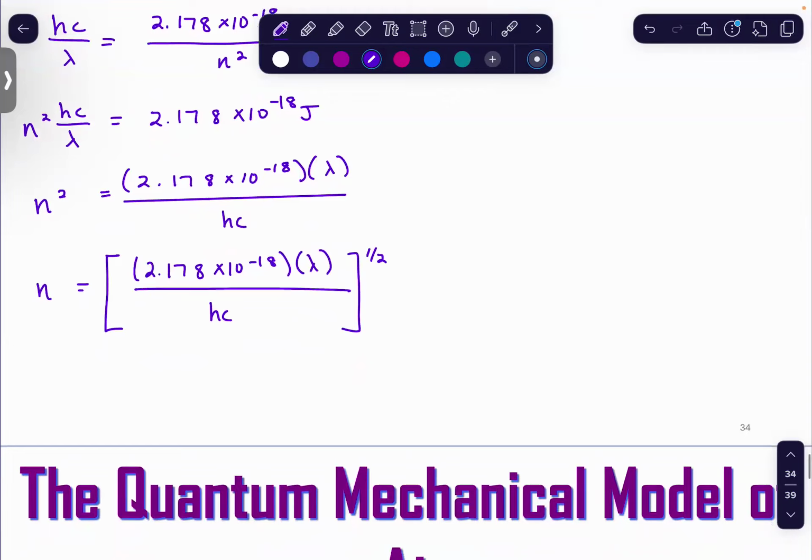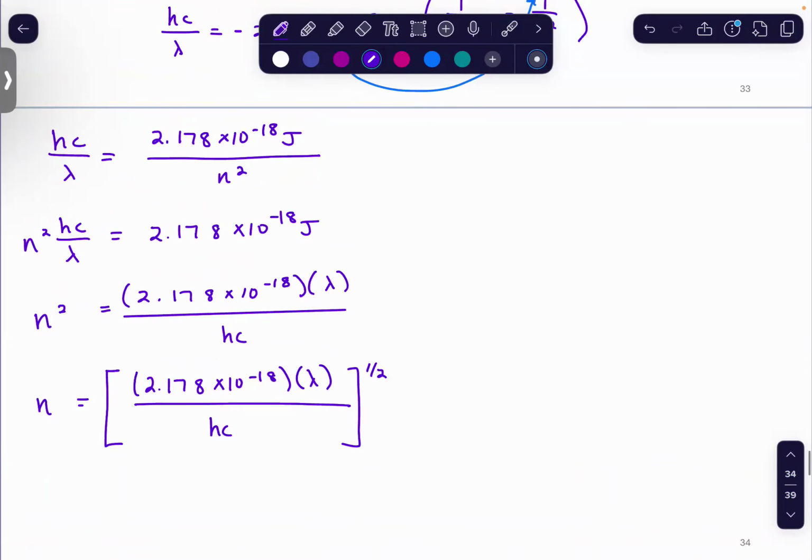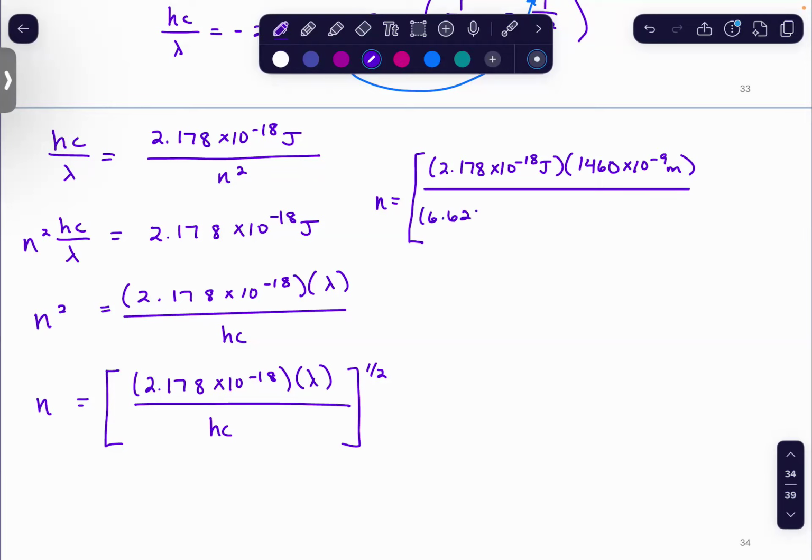So now we plug in numbers. So 2.178 times 10 to the negative 18th joules. Lambda is 1460 times 10 to the negative 9th meters, over h, which is 6.626 times 10 to the negative 34th joule seconds, and the speed of light is 3.002 times 10 to the 8th meters per second.